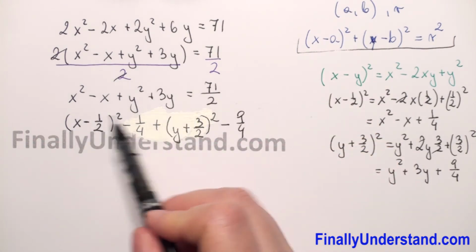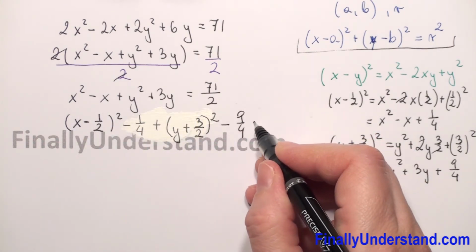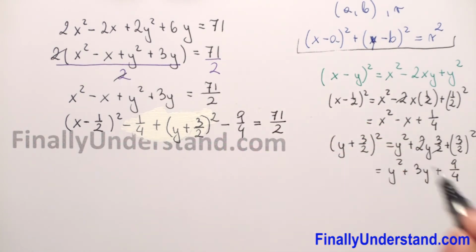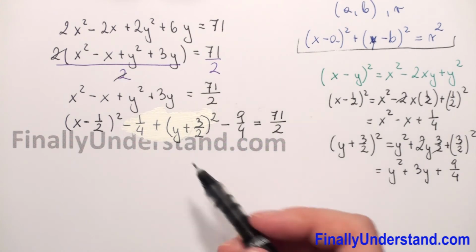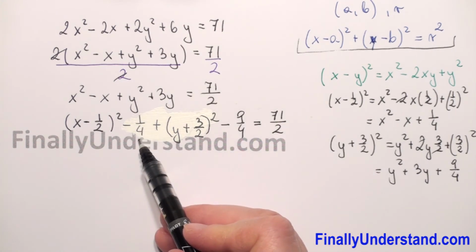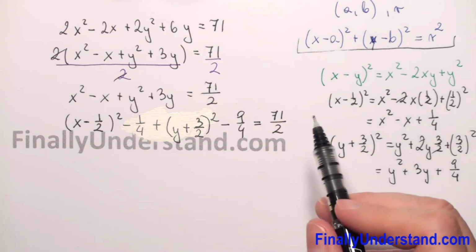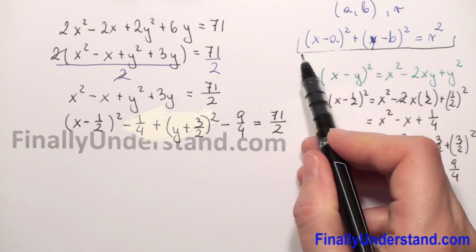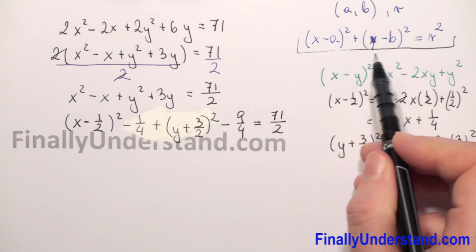So we have our left side, so we can write equals, and we copy 71 over 2. What next? We will move negative 1 over 4 and negative 9 over 4 to the right side because we need only this part on the left.